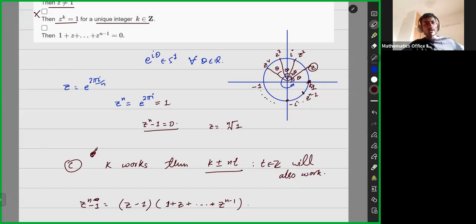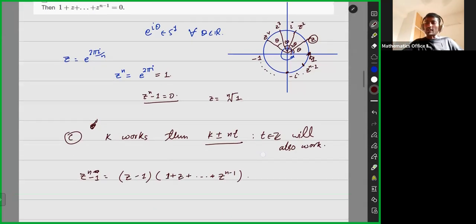Is this factorization of the polynomial clear? How do we get this? You just multiply, and it will be clear. Just z power n will be this and minus 1 at the end. Everything else gets cancelled.